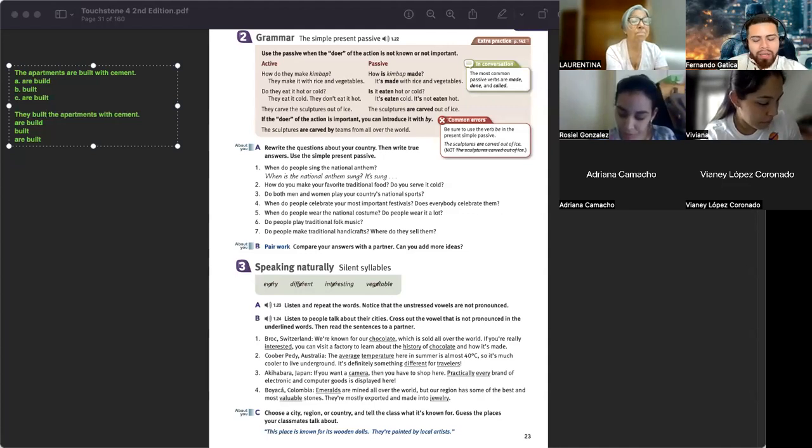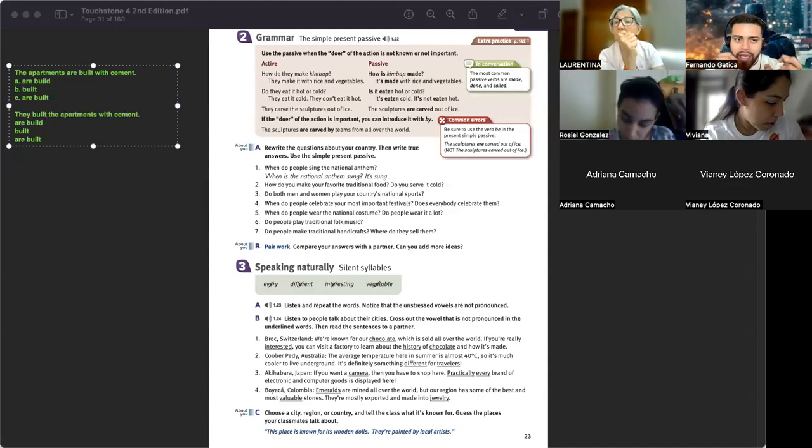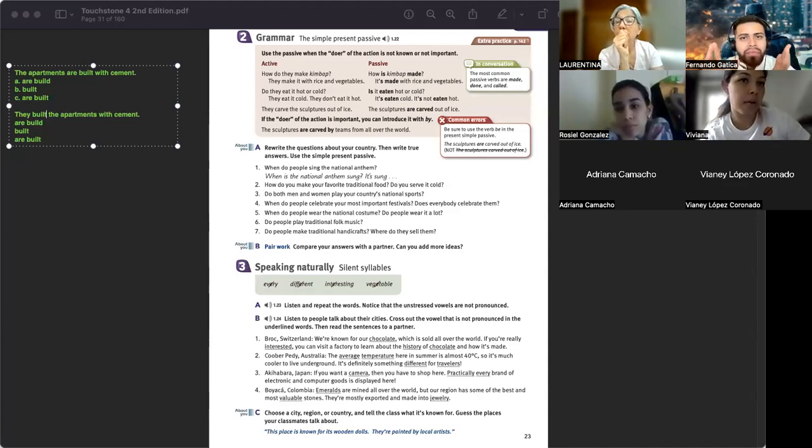So remember, the active sentence is just the regular verb, how you know it. And the passive sentence has the verb be and the verb in the past participle. But in order for you to use a passive verb, you need a passive subject. That means the subject cannot do anything.